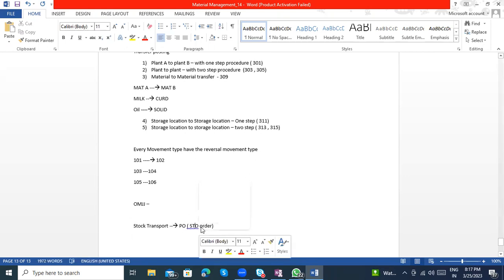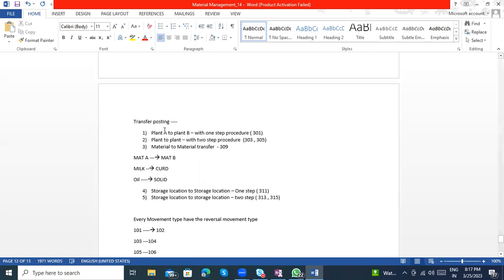But here, in the above concept, it might be side by side plants. They don't need to create a request or make a call. They understand that they need to transfer the stock from this plant to this plant. So there is no request from the other receiving plant.